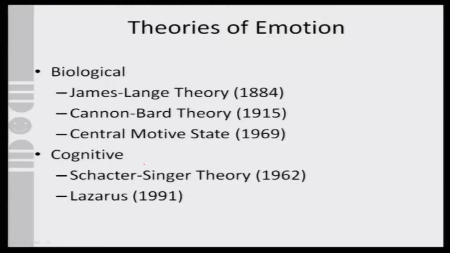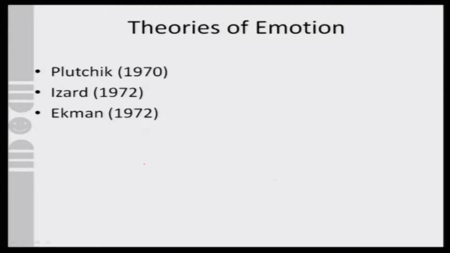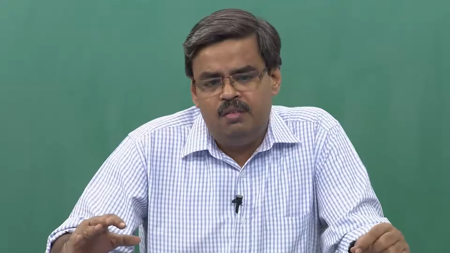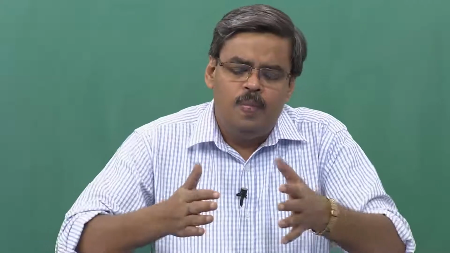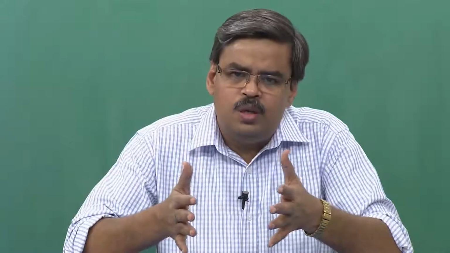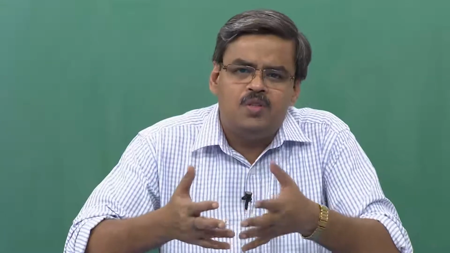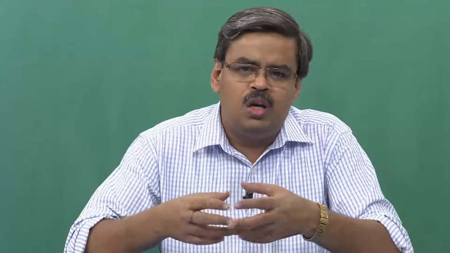Besides these 2 sets of theories, we will also look at the theories given by Plutchik, Izard and Ekman, because they have tried their best to classify emotion and to parse out the basic form, the purest form of emotion, which is not confounded by any other subjective experience.